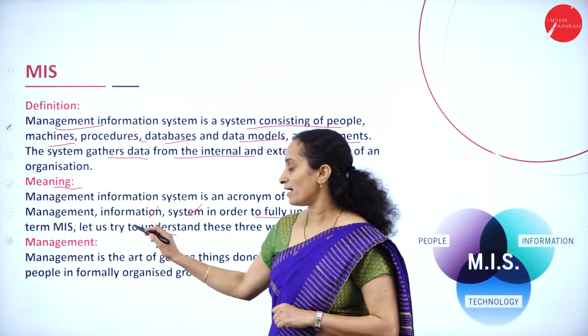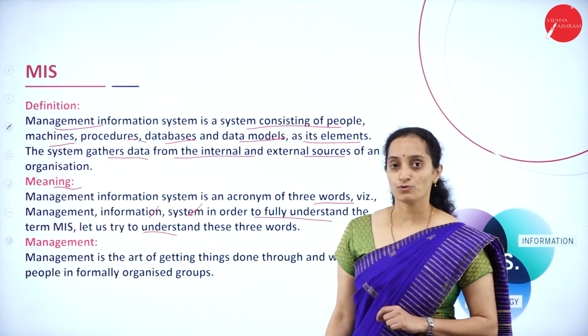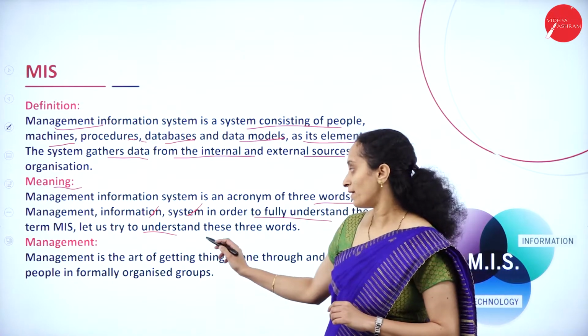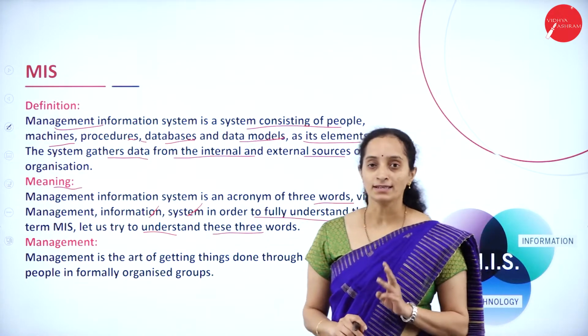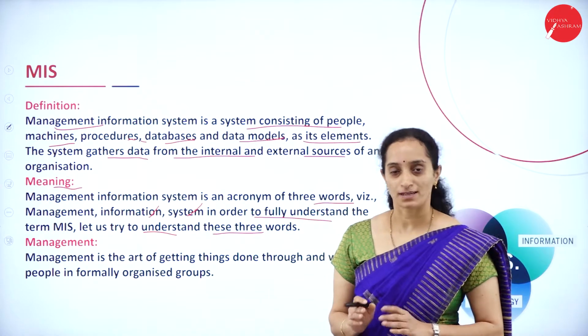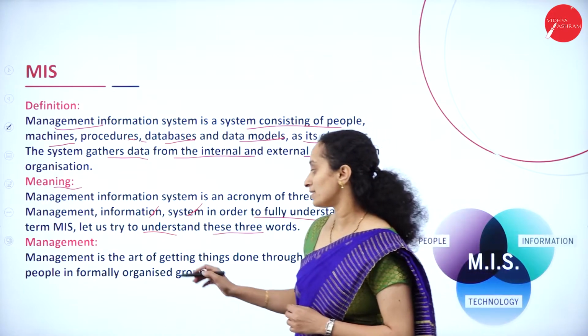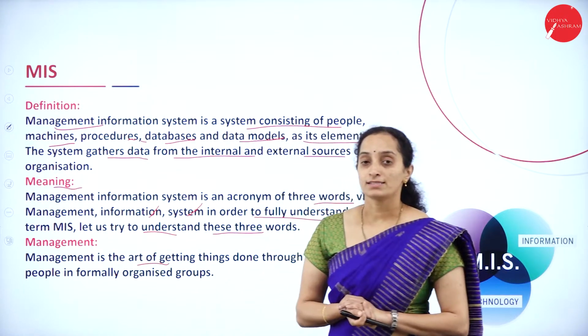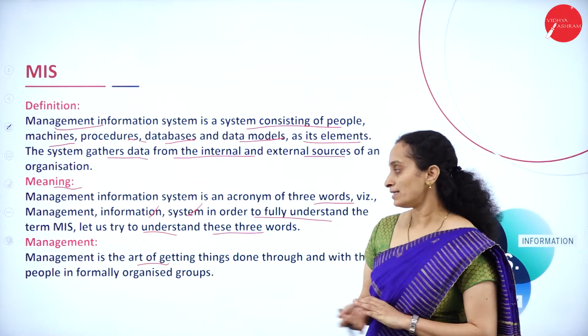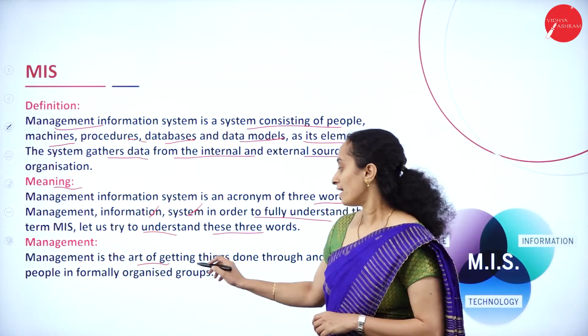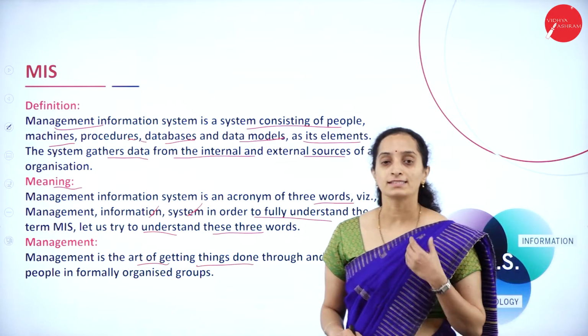If you want to know the term MIS, you have to understand these 3 words that I have explained in the last session. Just revise a few things in this. The first term, management, can be defined as the art of getting things done.